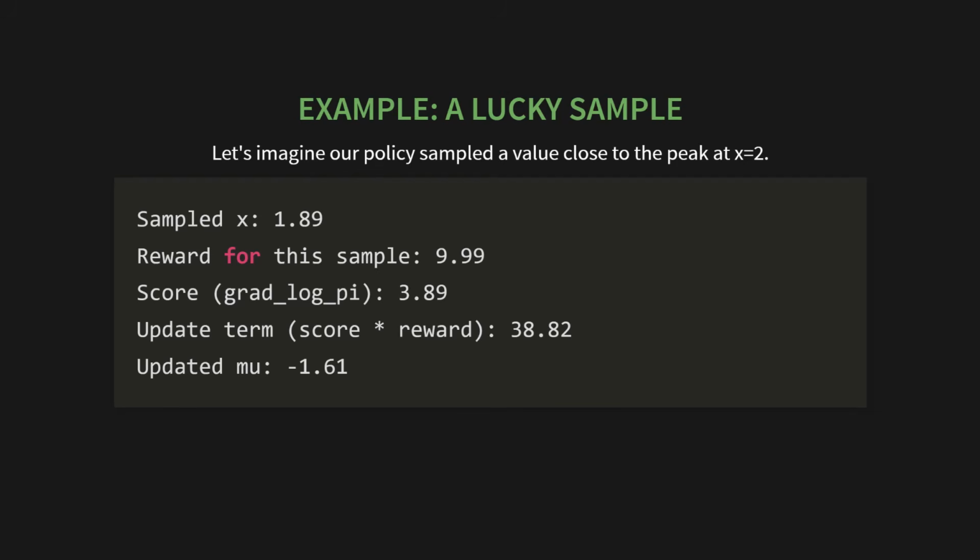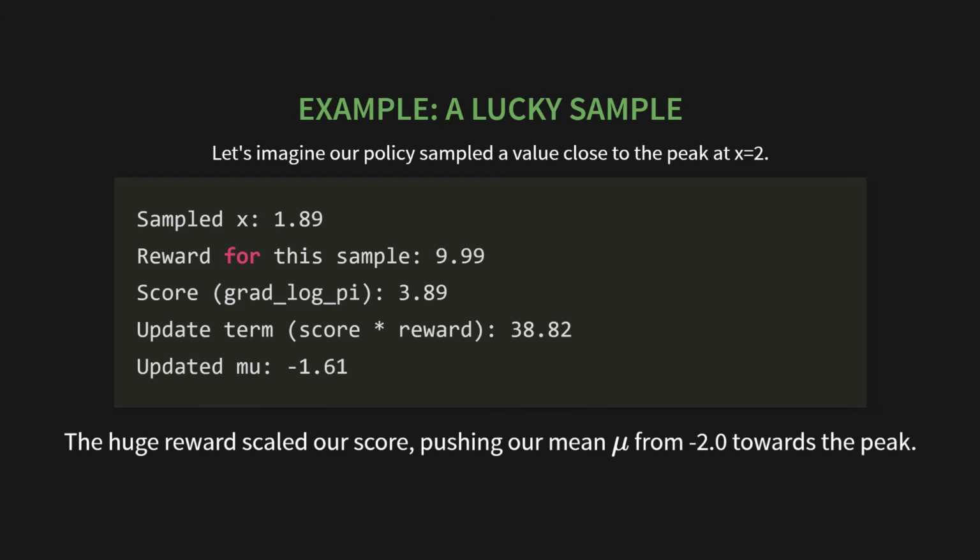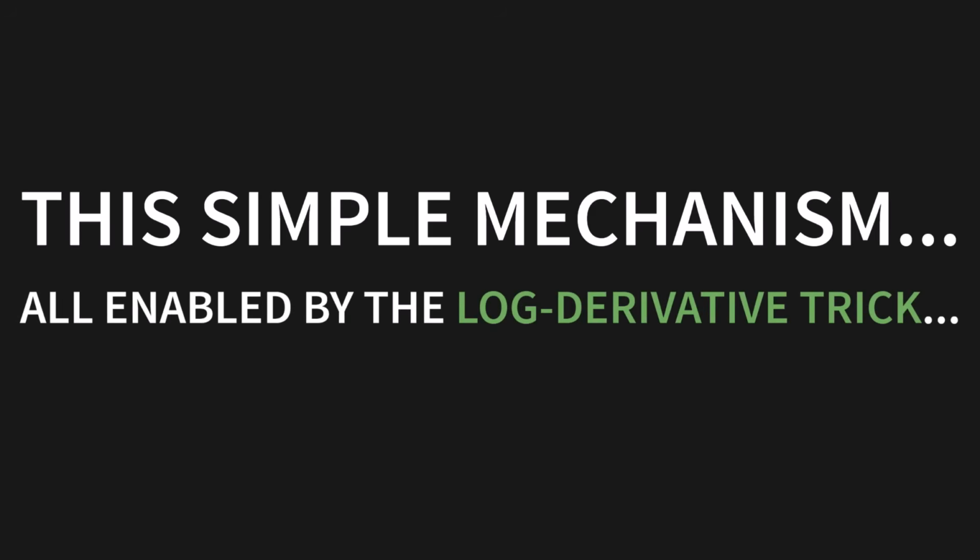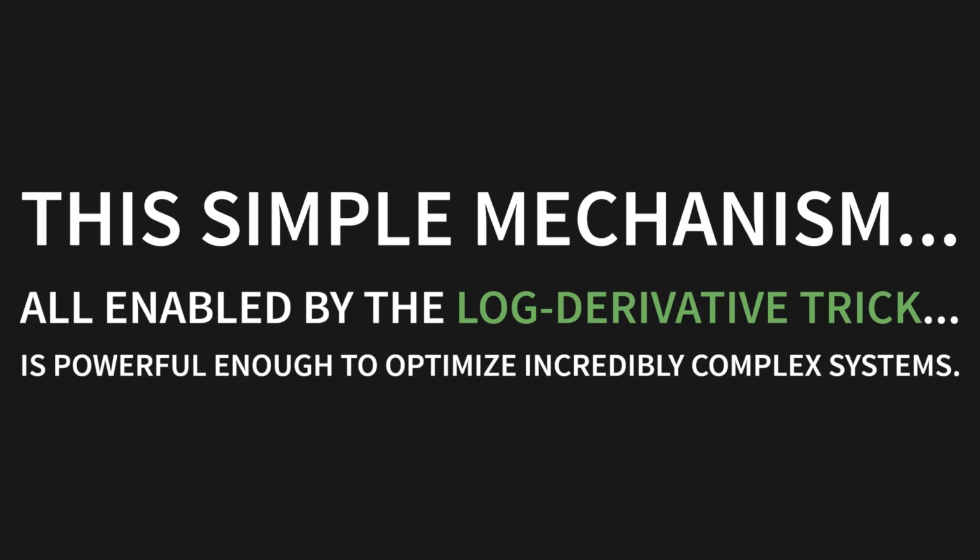And the update term, which is the score times that huge reward, is 38.82. This pushes our updated mu from negative 2.0 all the way to negative 1.61. The huge reward scaled our score, pushing our mean mu directly towards the peak. This simple mechanism, all enabled by the log derivative trick, is powerful enough to optimize incredibly complex systems.